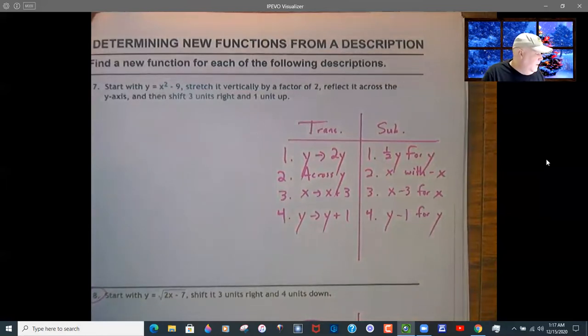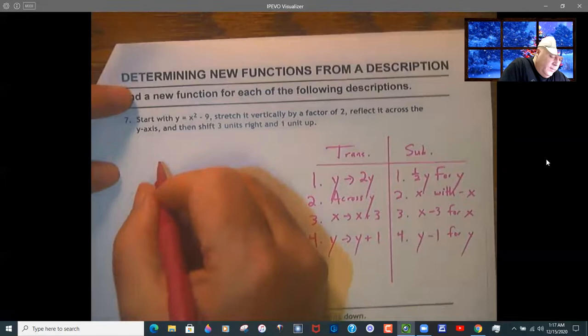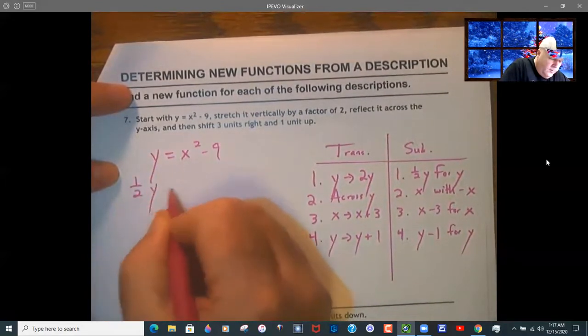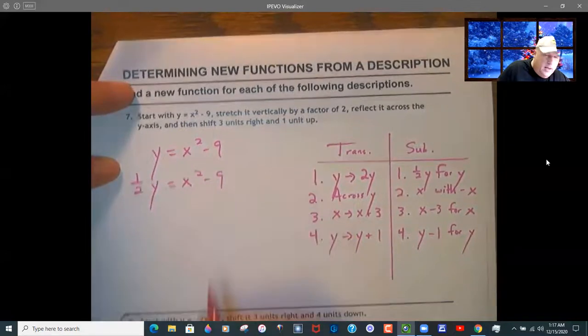So we have a bit of work to do on this one. I'm going to have a FOIL product to do. So first thing is that 1/2 y goes in for y, and then we have to solve for y.